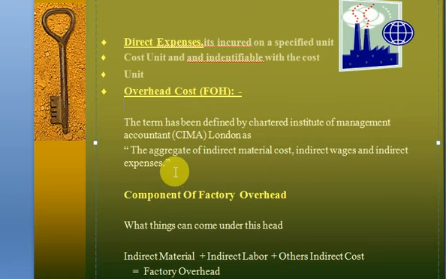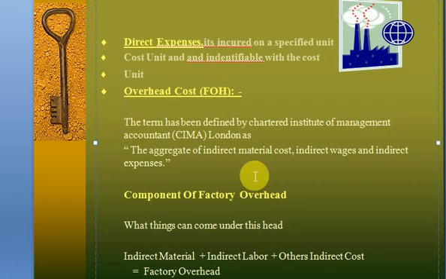This is called overhead cost. Look, this is the formula: indirect material plus indirect labor plus other indirect cost. So indirect expenses equals overhead. In a factory, the indirect materials, indirect labor, and indirect expenses are called factory overhead.